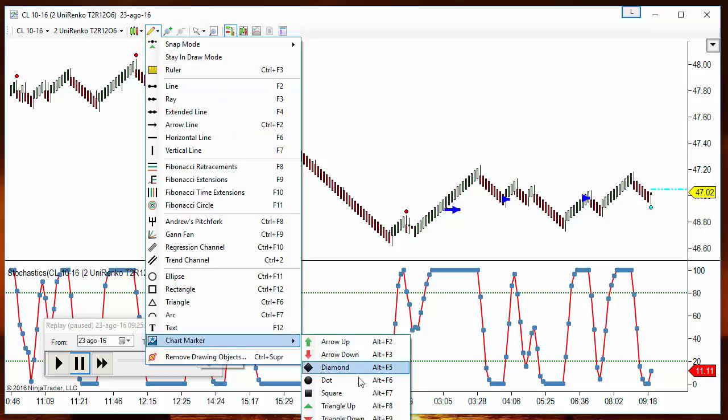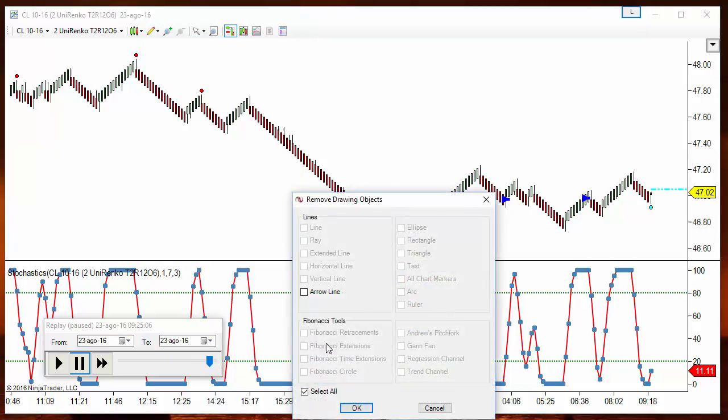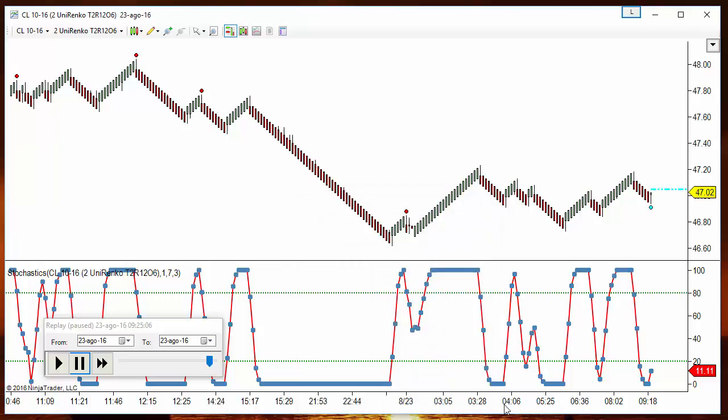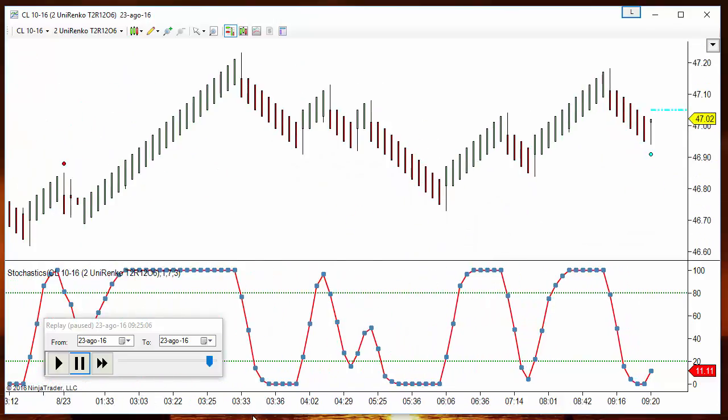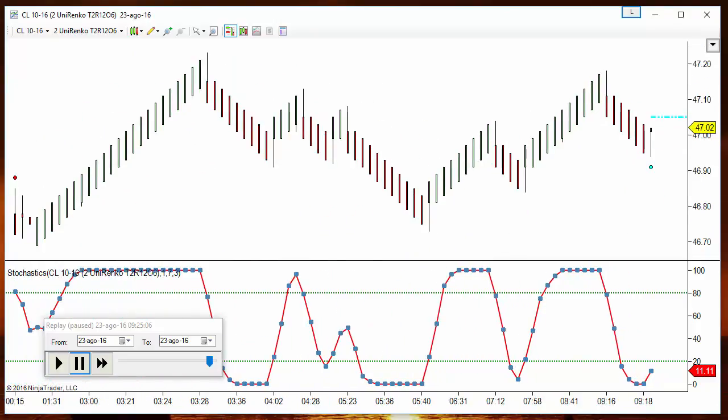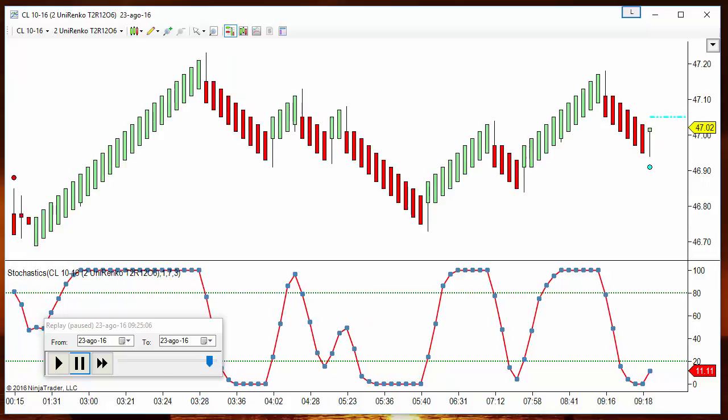I will remove all the markers, and we can see that not all the reversals are shown.